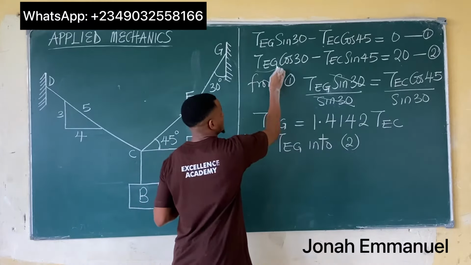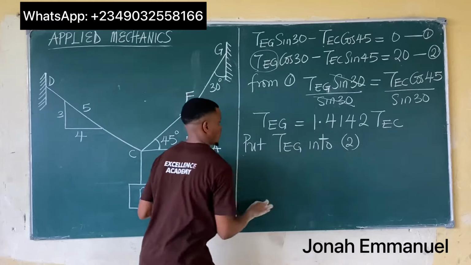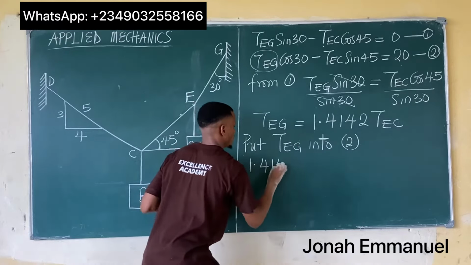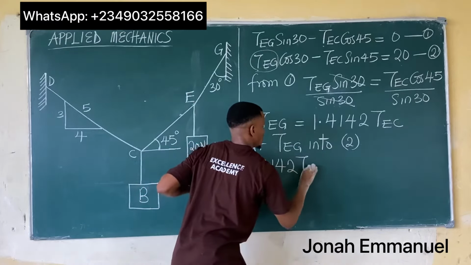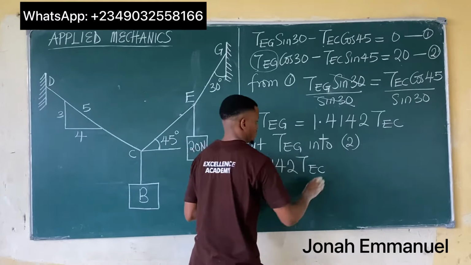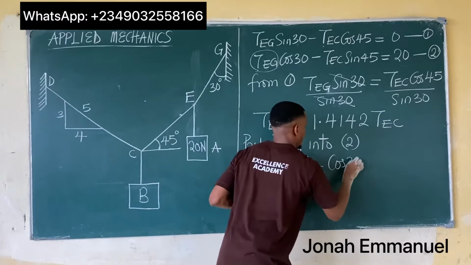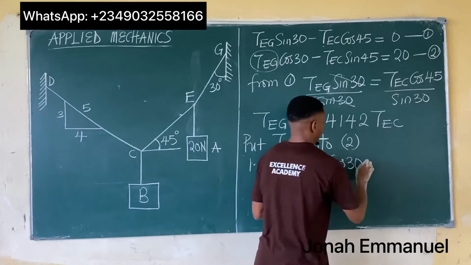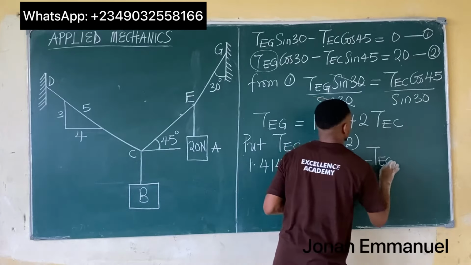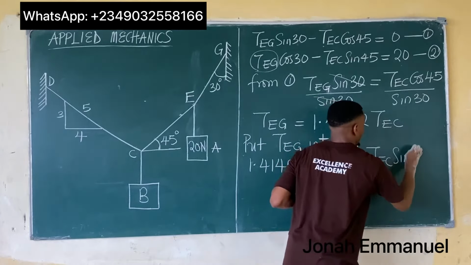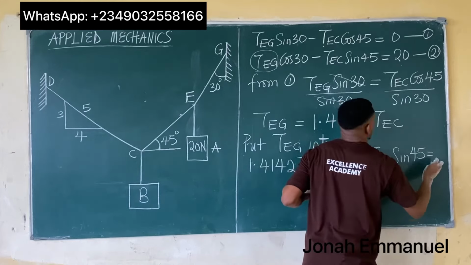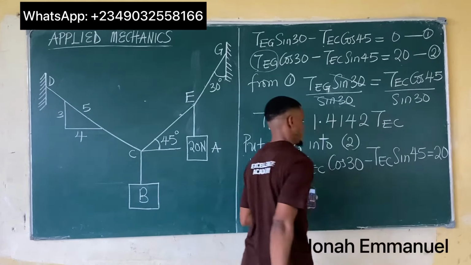So it becomes 1.4142 TEC, that's TEG. Then next up, cos 30 minus TEC sine 45 equal to 20.